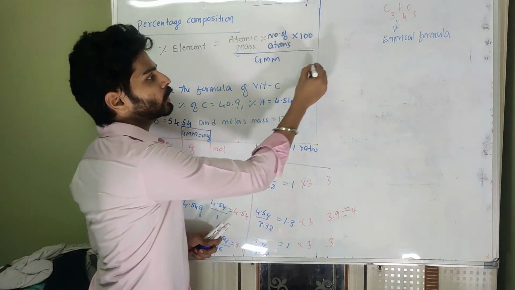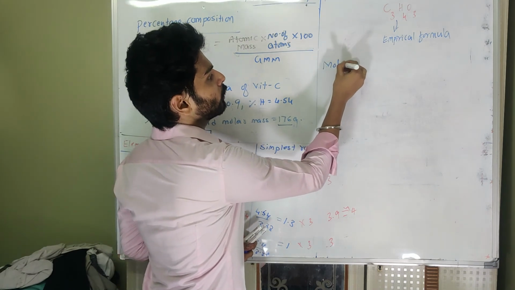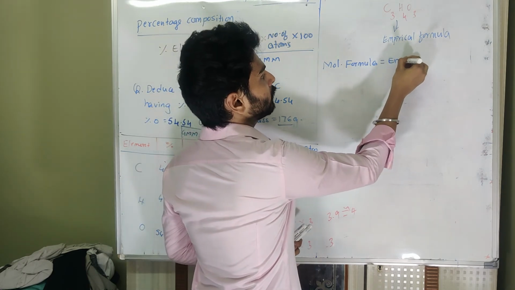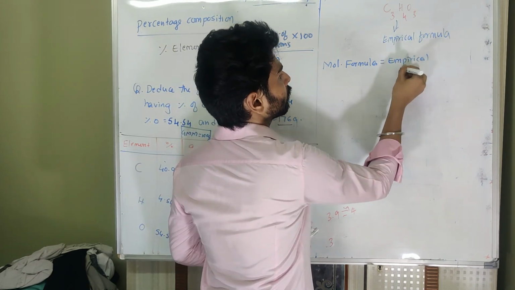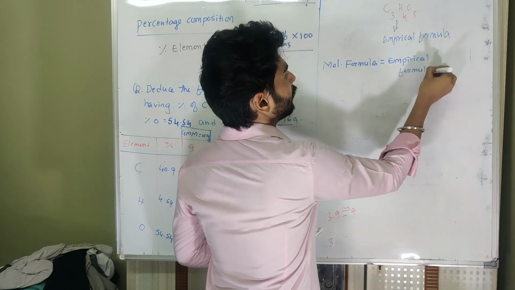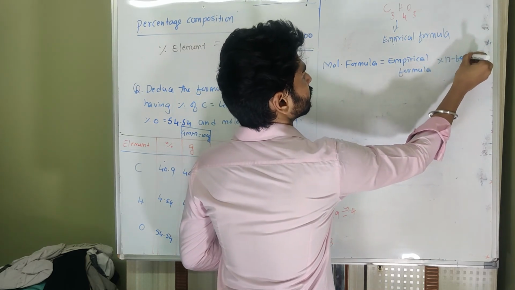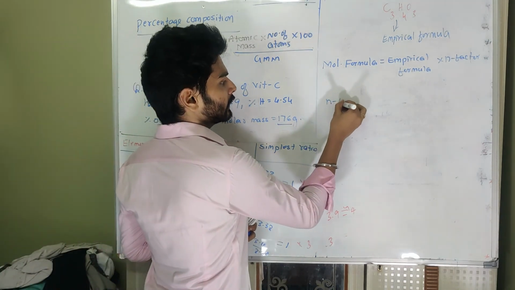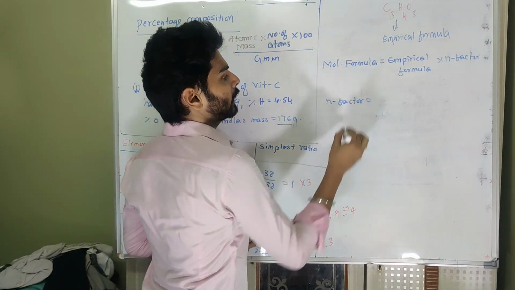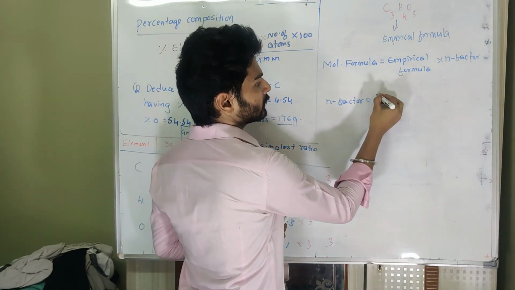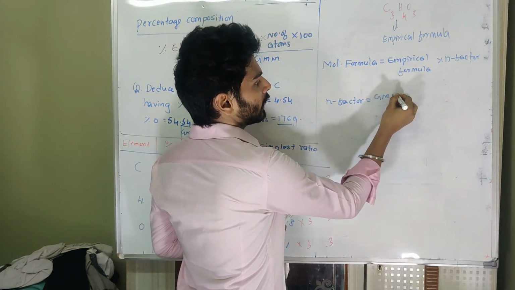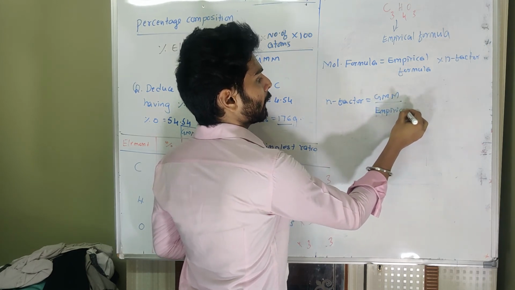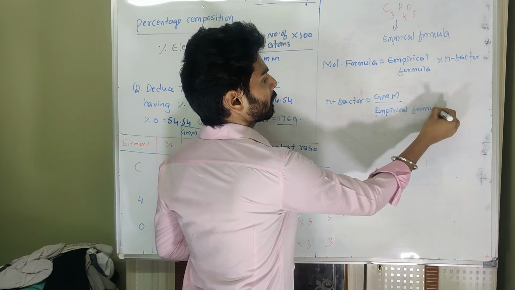Now to get the molecular formula, there is one formula: molecular formula equals empirical formula into some n factor, where the n factor is calculated using the formula gram molecular mass upon empirical formula mass.